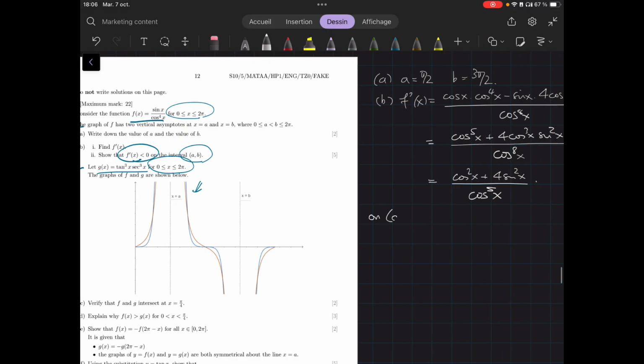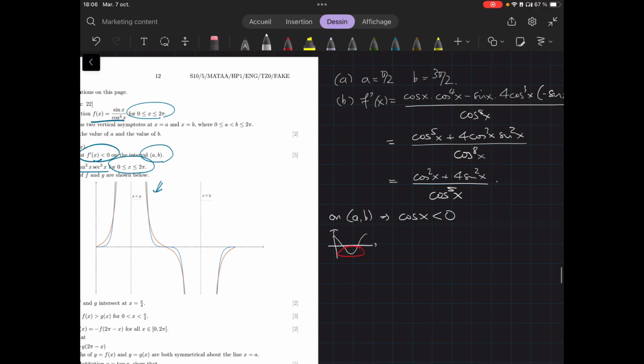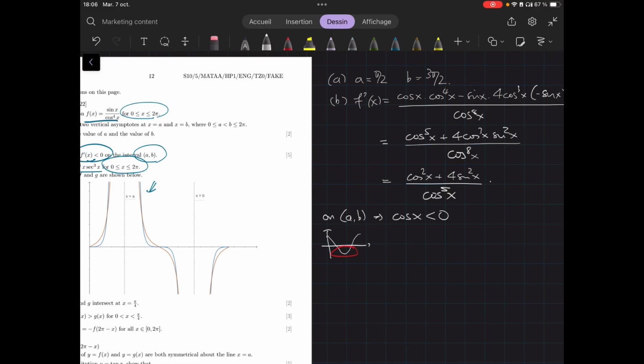So, on the interval AB, which is pi by 2 to 3 pi by 2, cos of x is negative. You can quickly remind yourself of the curve, and we are talking about this portion over here. So if cos of x is less than 0, cos to the 5 is also less than 0.